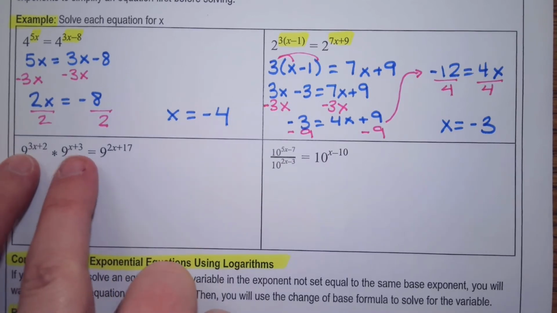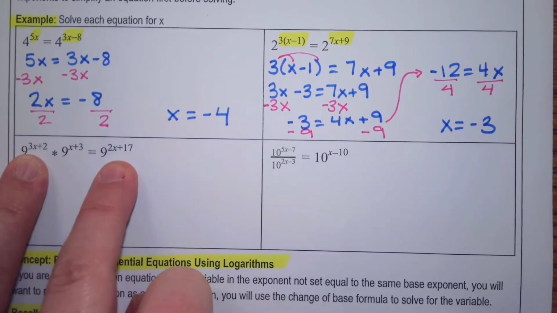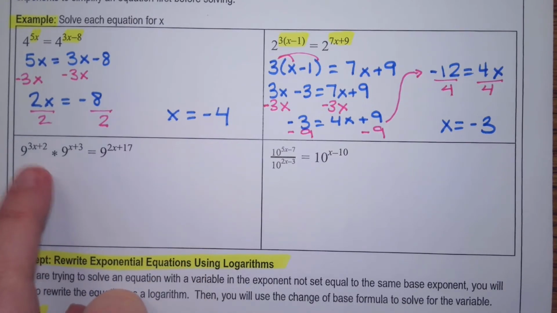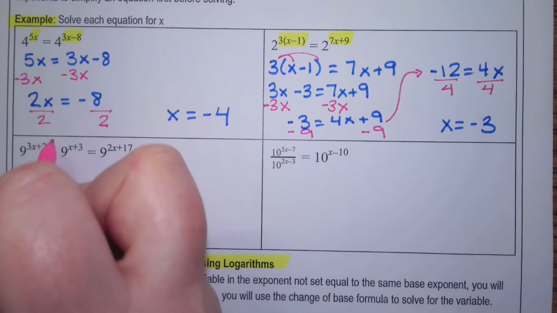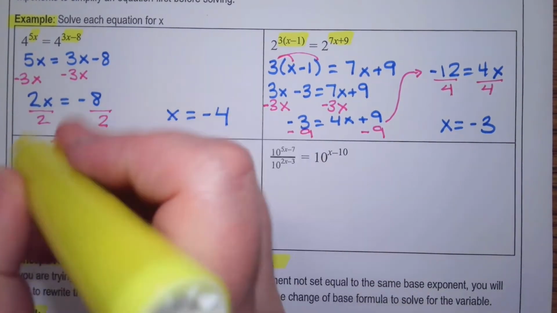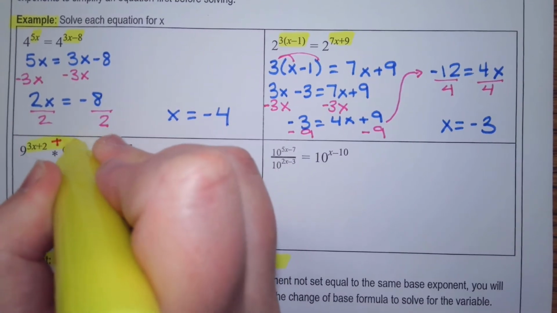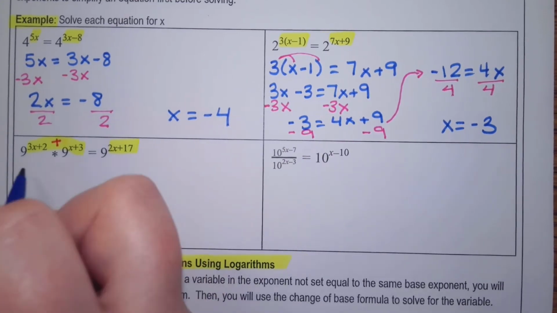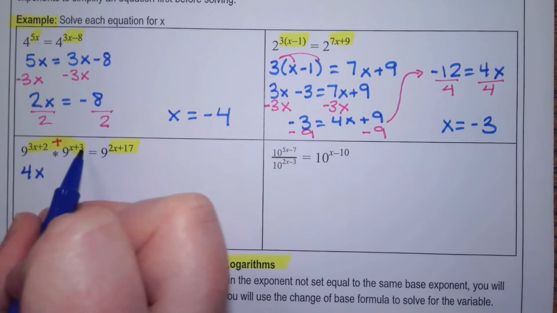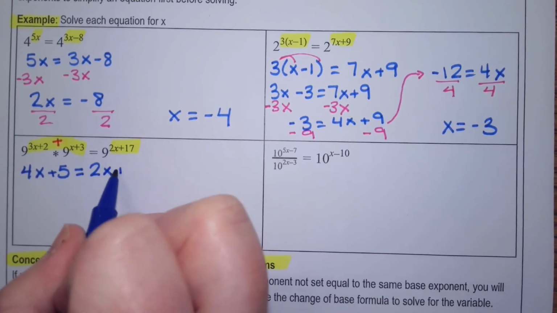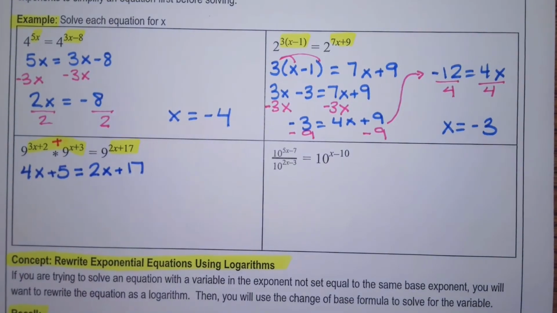But remember, with our properties of exponents, when we multiply the same base, we add their exponents together. So we're going to add the exponents and then set that equal to 2x plus 17. So 3x plus x is 4x, 2 plus 3 is 5, and that's equal to 2x plus 17.